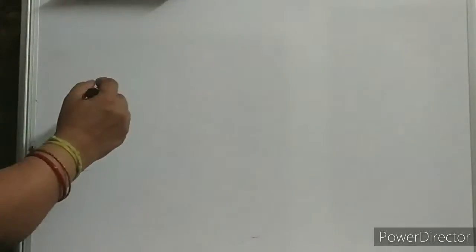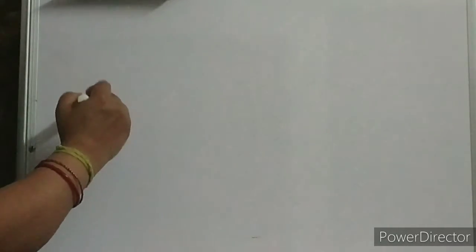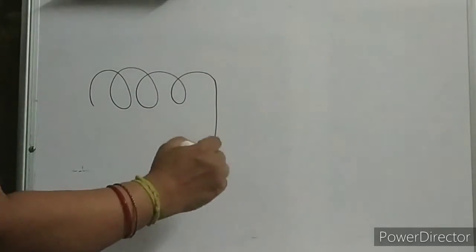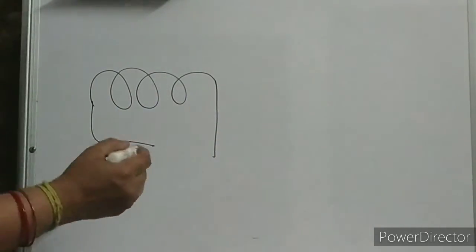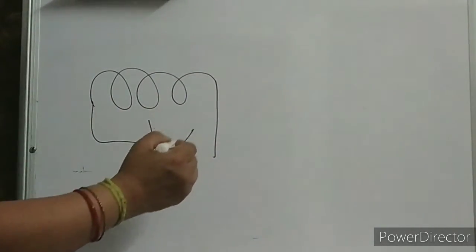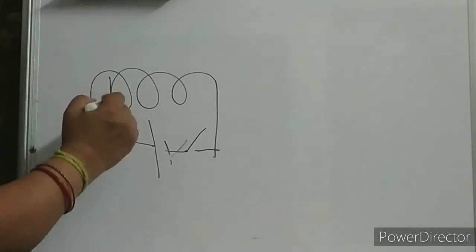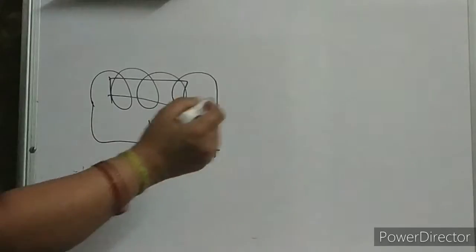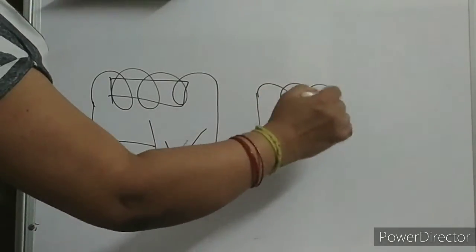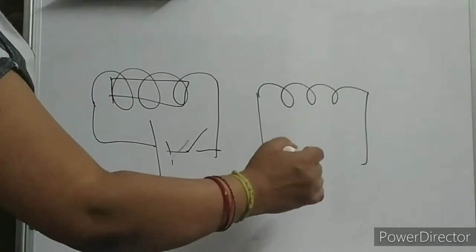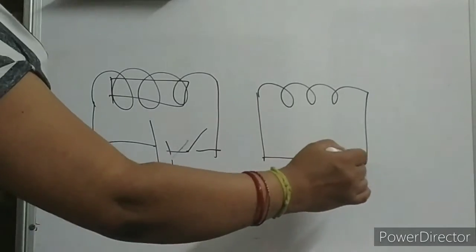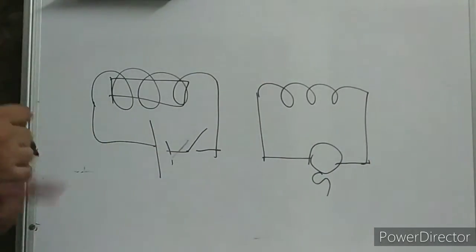Suppose instead of this permanent magnet, we take an electromagnet. Here a switch is there. And here the coil will be there and the galvanometer will be here in series. Clear, children? So this is your electromagnet.